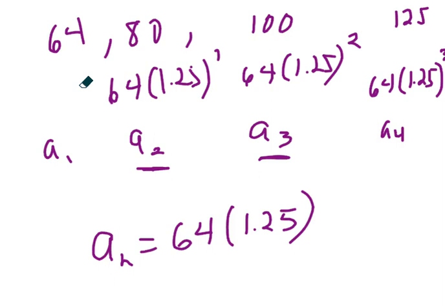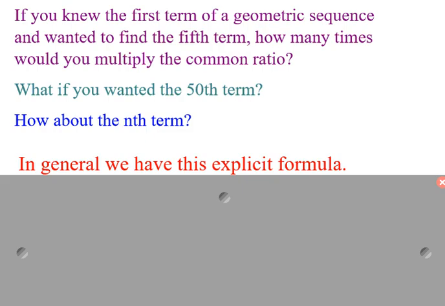To get the fourth term, 3 times. So to get the nth term, I'm going to multiply by my common ratio n minus 1 many times. It's similar to arithmetic, except instead of adding our common difference n minus 1 many times, we are multiplying our common ratio n minus 1 many times.